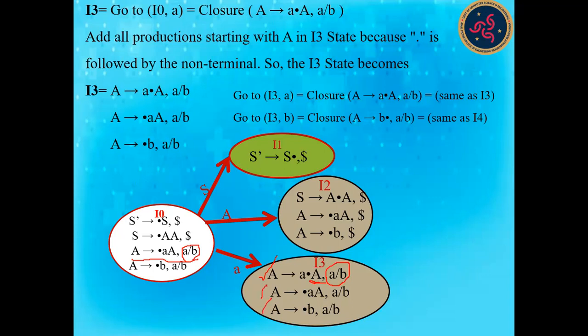I need to get the look ahead symbols for these productions, right? Since this A is the last symbol, I just write the look ahead symbol of this production directly, so I have written A or B.